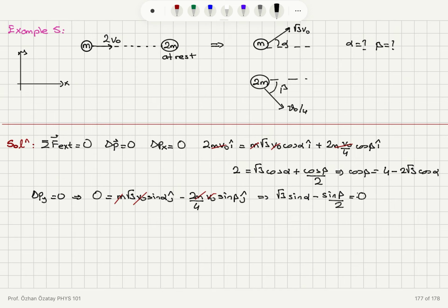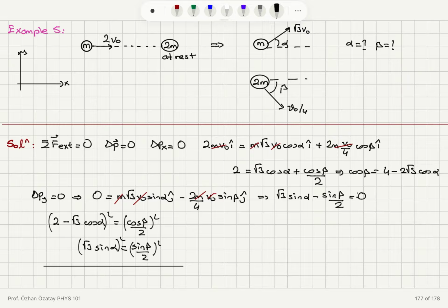So if you take the first equation, cosine beta equals this, so let's write this as 2 minus square root 3 cosine alpha is cosine beta over 2, and I take the square of both sides. Then I take square root 3 sine alpha equals sine beta over 2, and I take the square of this.